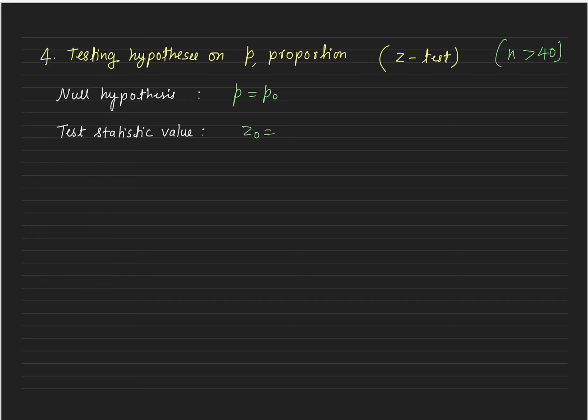Z naught is equal to the sample proportion P cap minus P naught divided by the standard deviation of the sampling distribution of proportion. We make use of the population proportion itself, square root of P naught times 1 minus P naught divided by n. I think what I have written is correct.